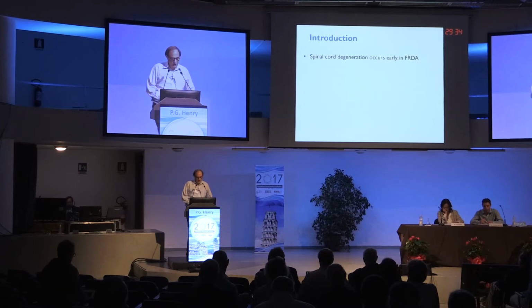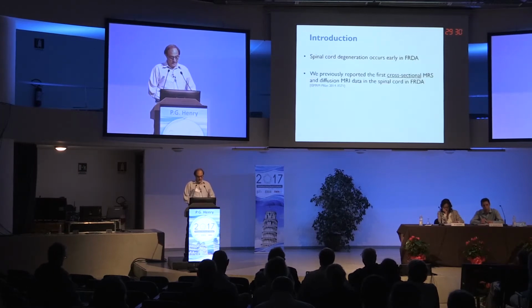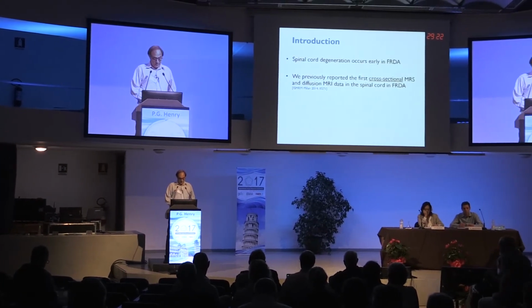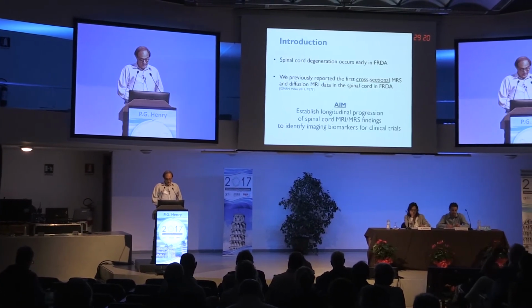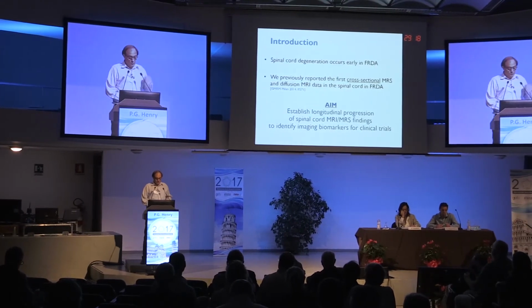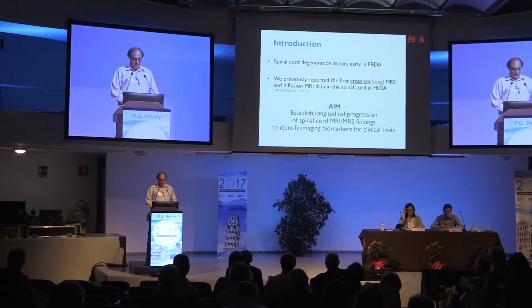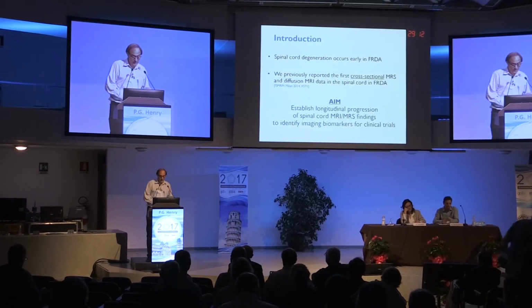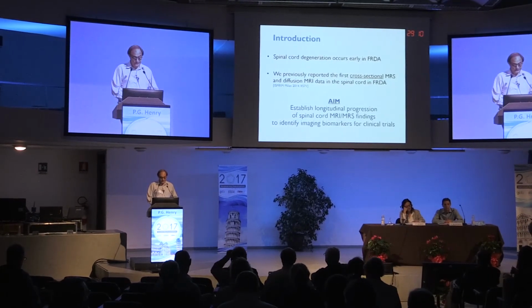As you know, spinal cord degeneration occurs early in FRDA. We previously reported the first cross-sectional spectroscopy and diffusion MRI data in the spinal cord in Friedreich's ataxia. And so our goal now was to establish longitudinal progression of spinal cord MRI, MRS findings to identify biomarkers for clinical trials.